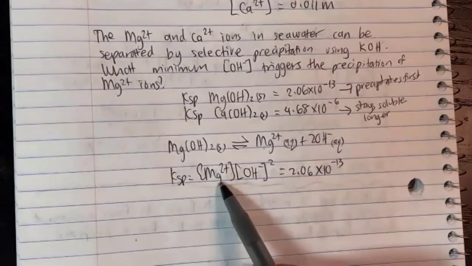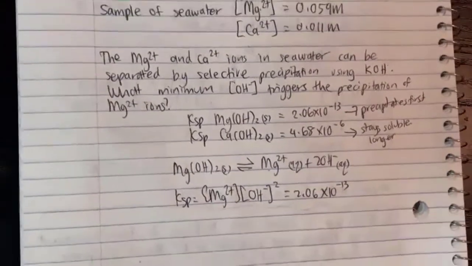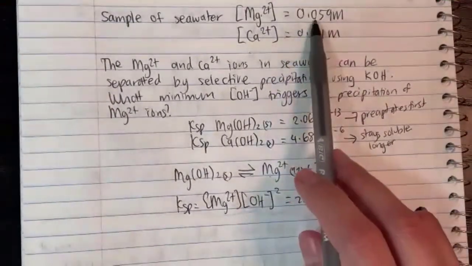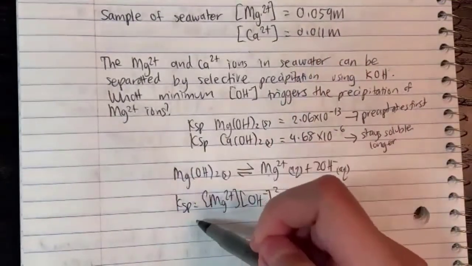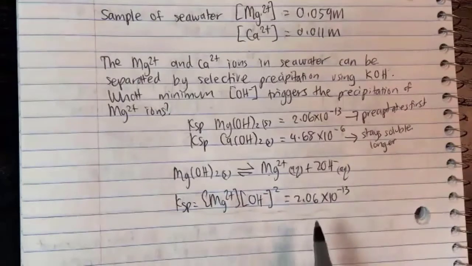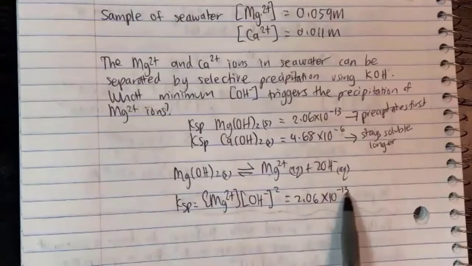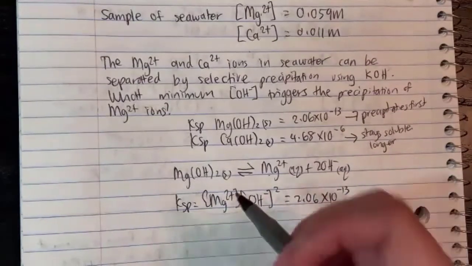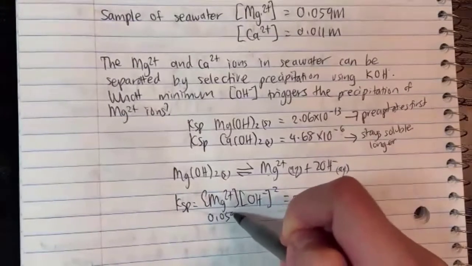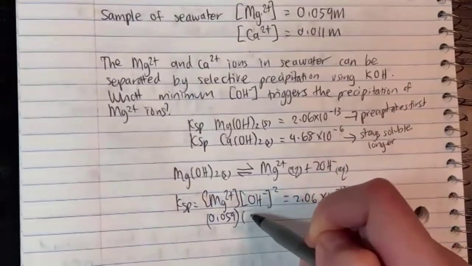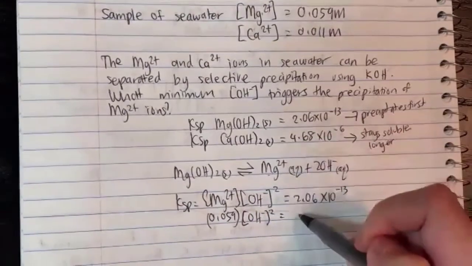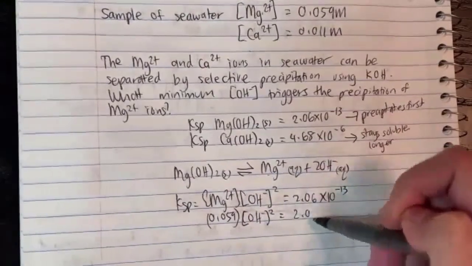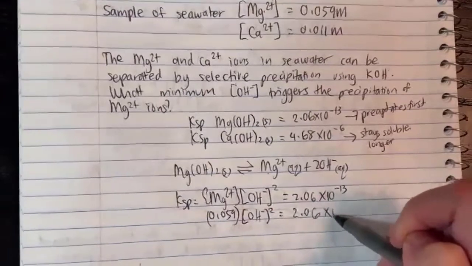What's the concentration for magnesium? Well, it's just the concentration from the seawater sample. It's over here, so I'm going to write it in here. It's like Q compared to K, but we use the K as a line number here. So 0.059 goes in here, and then we are solving for OH. Whatever the OH is, we want it bigger than that number, and then it will cause a precipitation.